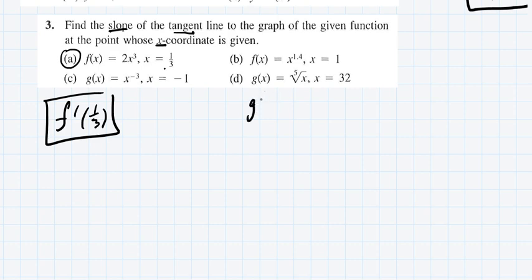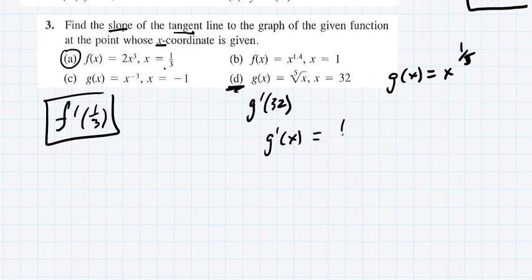So this one is g prime of 32. So what's g prime for D? Well, g of x is x to the power of 1/5. And so g prime of x is 1/5 x to the power of negative 4/5.